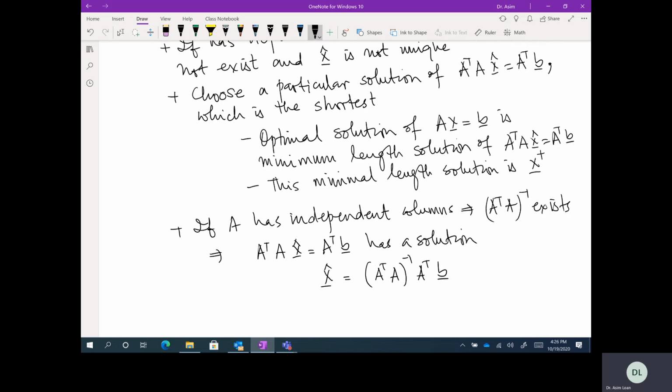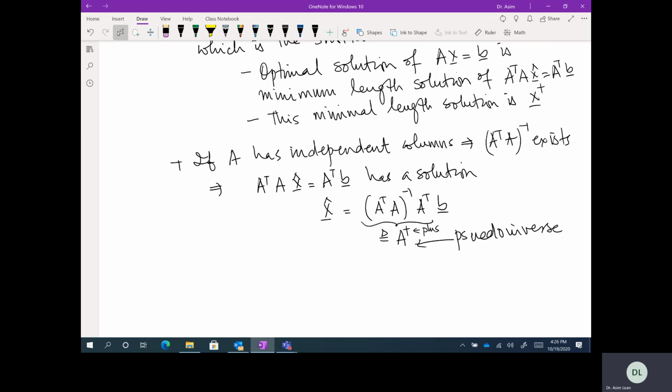And obviously we define this as A plus. This is not A transpose, this is a plus sign, and we call this the pseudo inverse. Kind of an inverse, right? Okay.